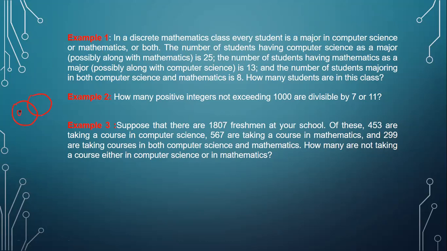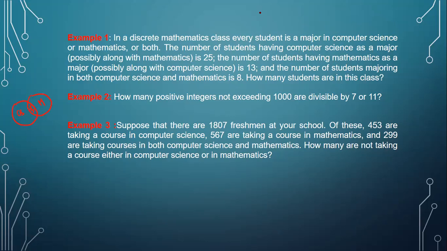So if we see this diagram, computer science students and mathematics students, there are a few who are getting both, in both the streams or both the departments. And the number of students majoring in both computer science and mathematics is 8. How many students are there in the class?